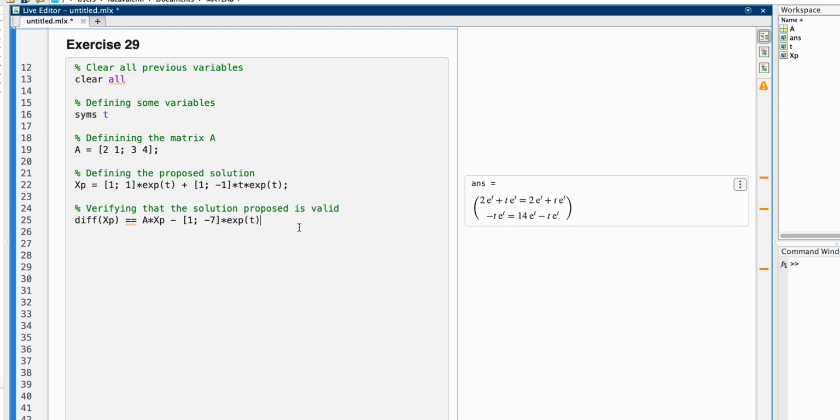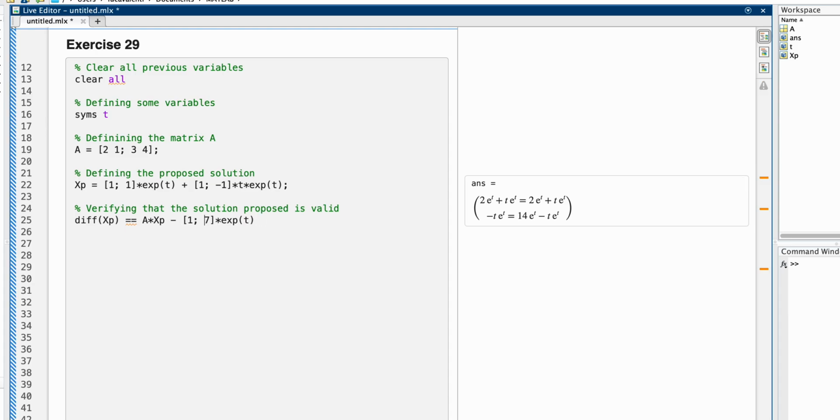So let's see what we did wrong. We have a t in here. 2, 1, 3, and 4 is correct, and I think the mistake is here.